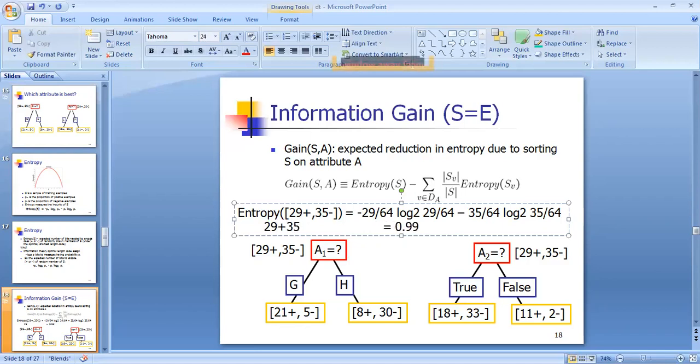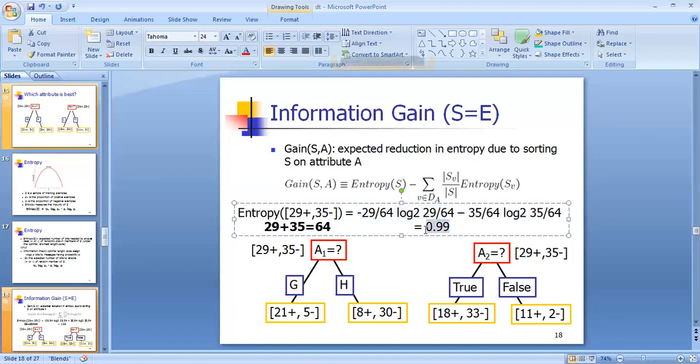So you will get 64 like this. So minus 29 by 64 log to 29 by 64 minus 35 by 64 log to 35 by 64.